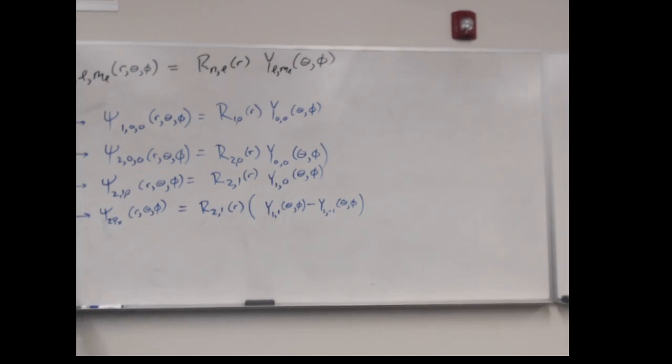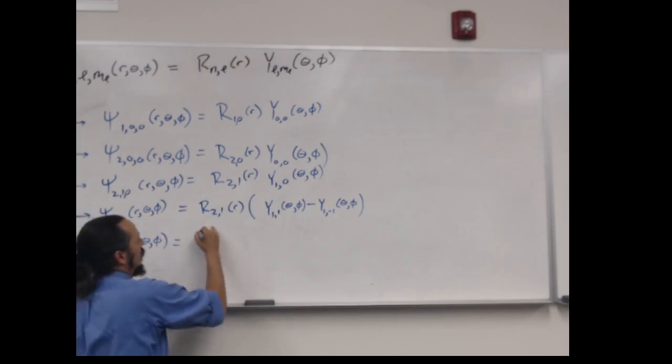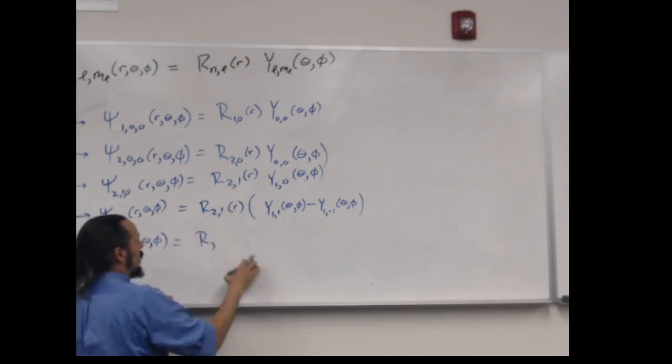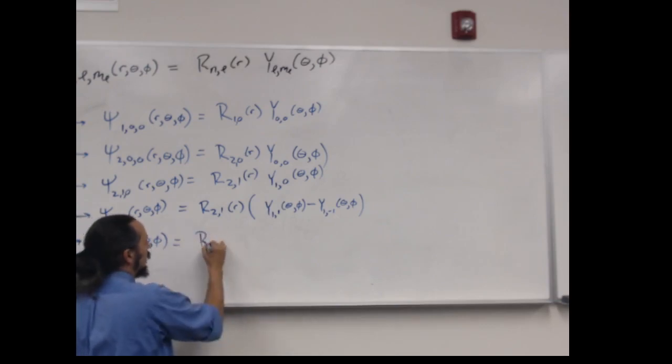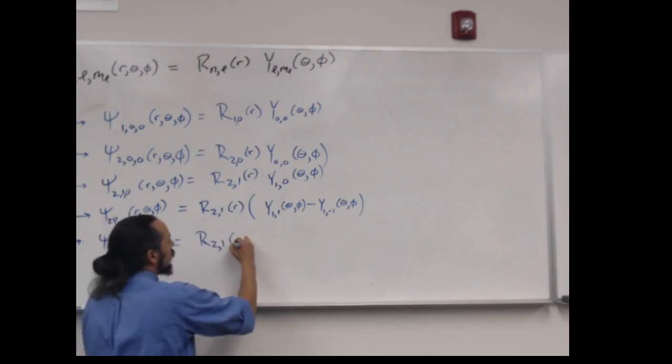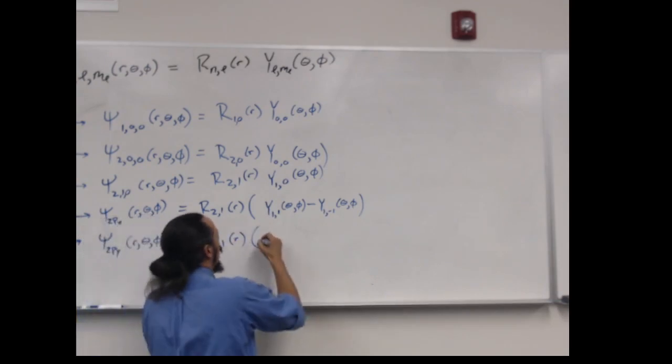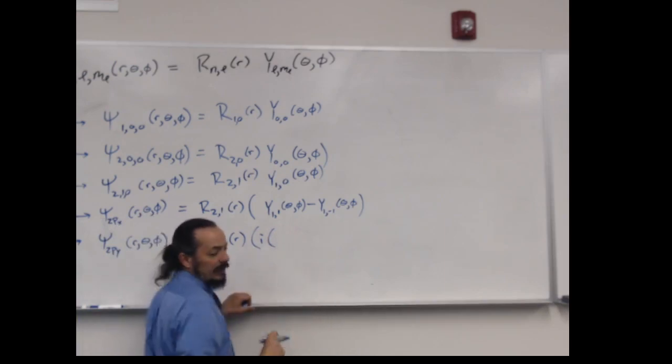And then we can do the same thing with the 2py, which we'll call psi 2py, of r, theta and phi. Radial part is still the same. Angular part ends up a little bit different.